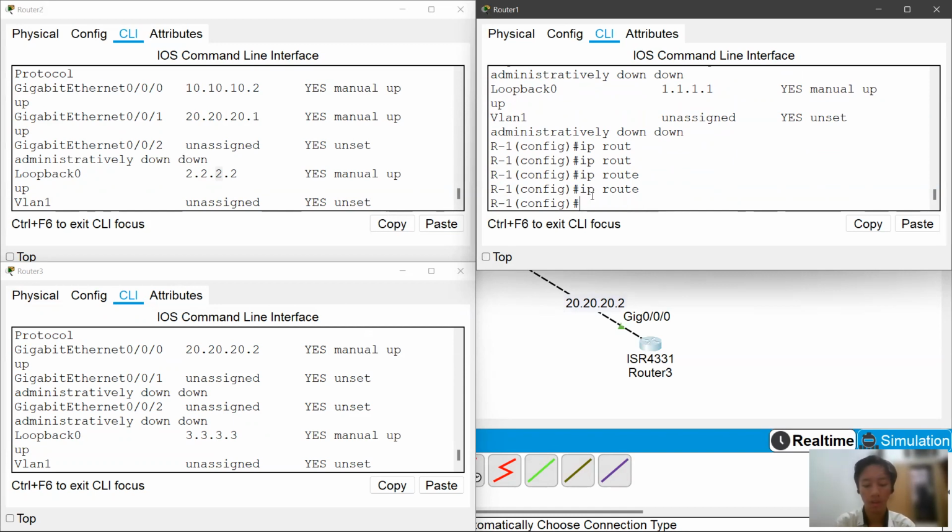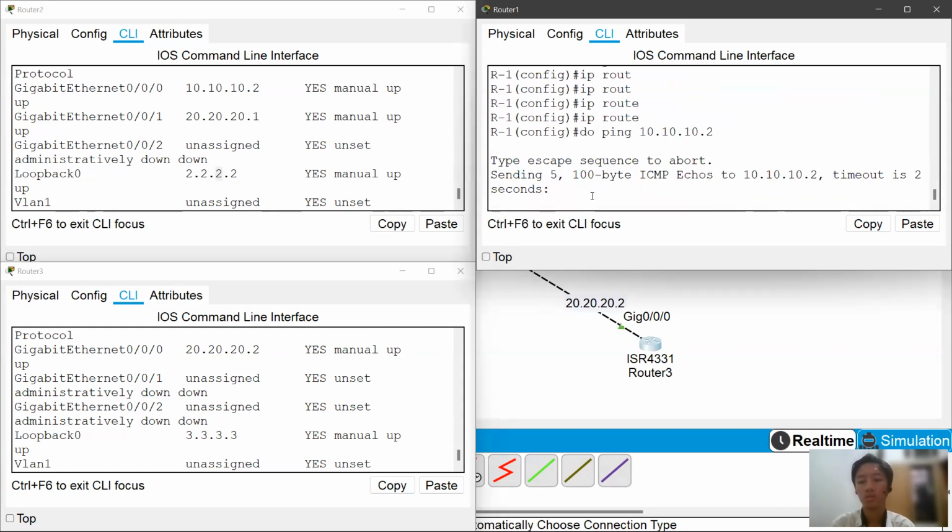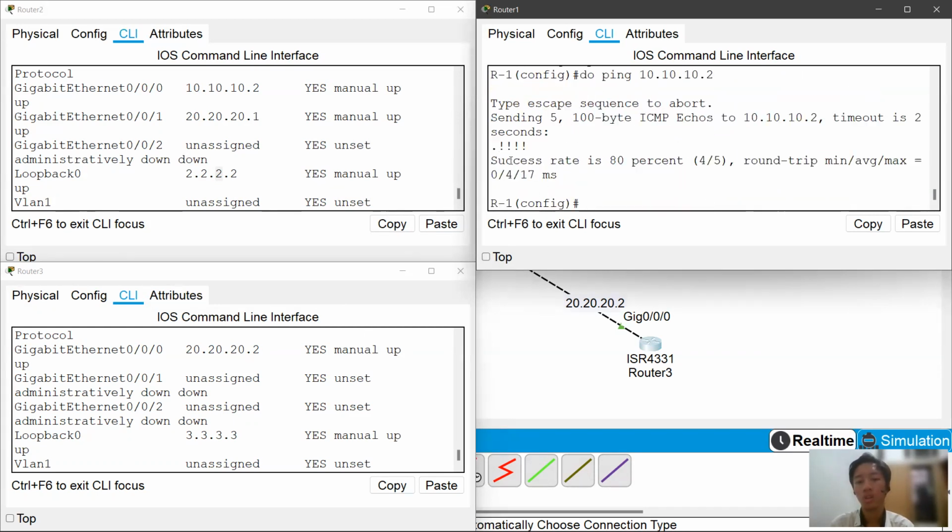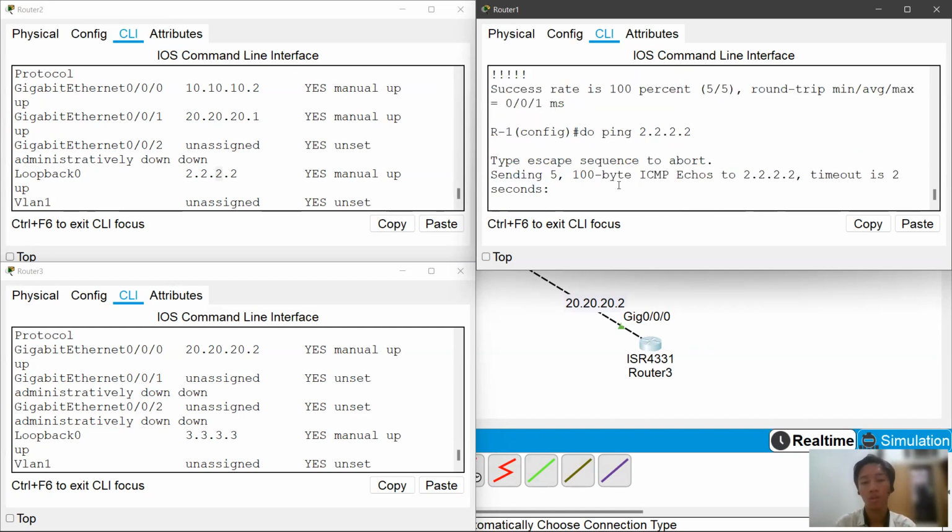Do ping 10.10.10.2. Okay, it succeeds, 100% because it is connected. Okay, and if we ping the loopback in router 2, it cannot.